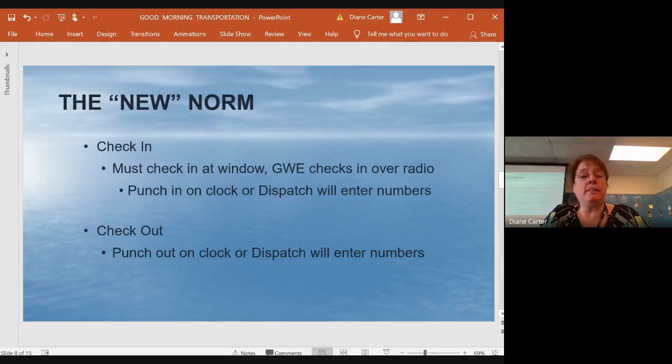The union's supplying you with a mask as an extra tool so that you don't have to use yours. If you want to use the ones that you made or you have, that's perfectly fine. When we're passing them out, if you don't want it, just tell us. You can use yours or you can use ours.